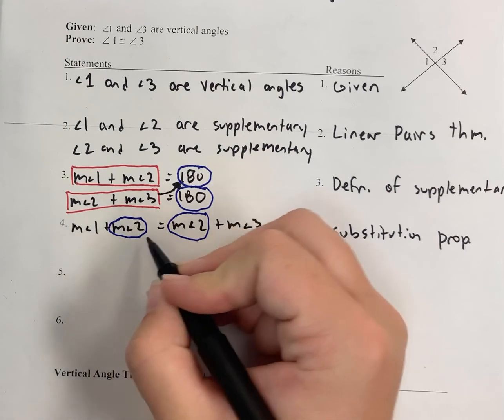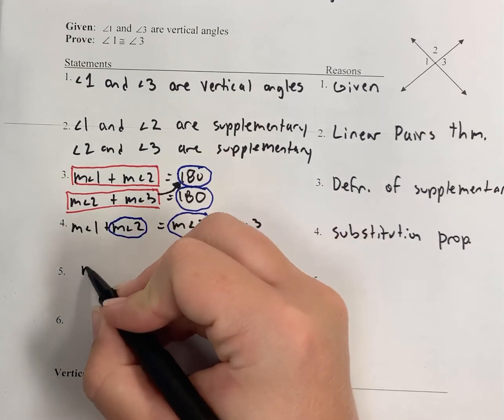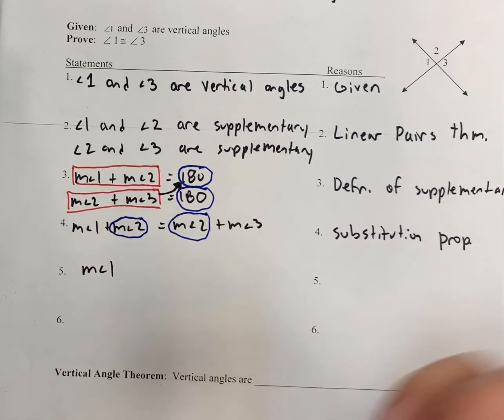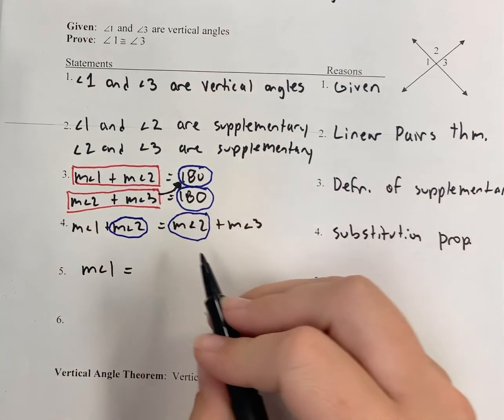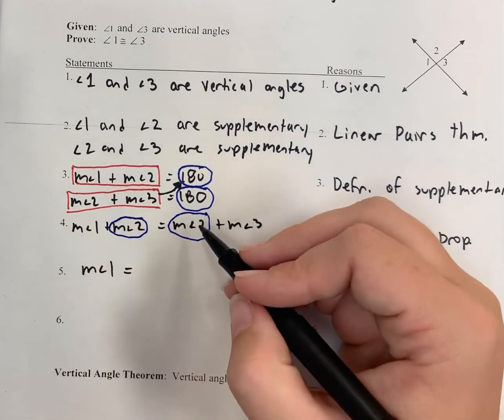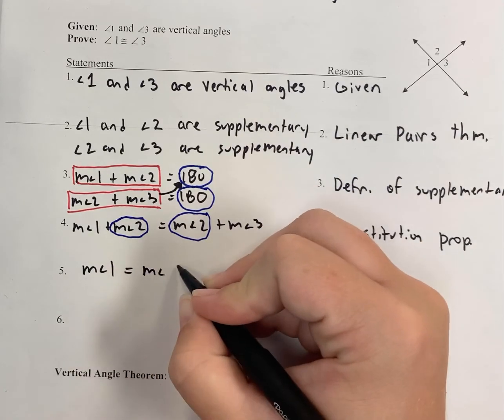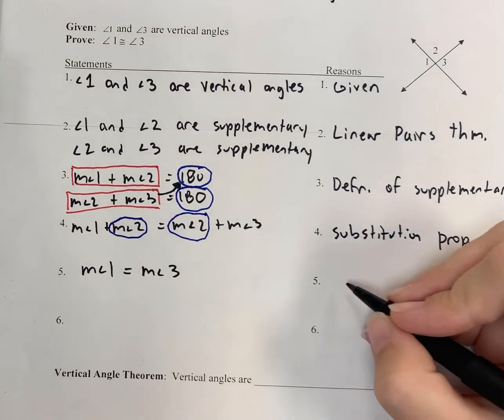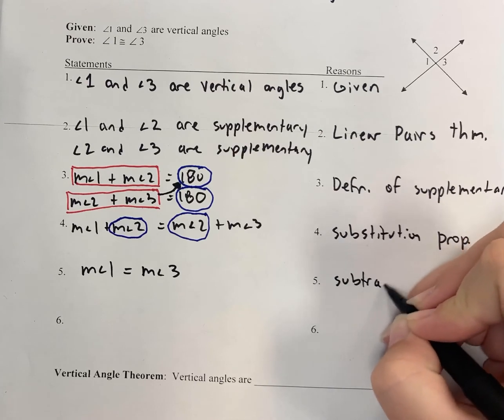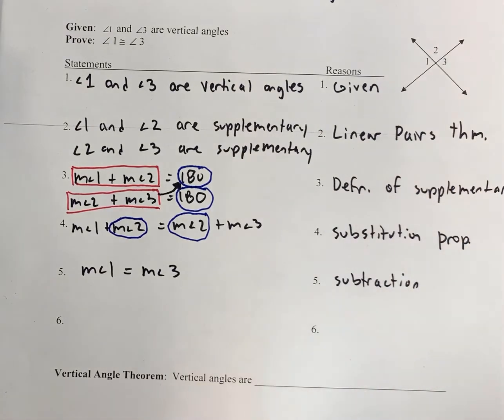If we subtract the measure of angle 2 from this side, you just have the measure of angle 1, because it would be 0. Then if you subtract it from this side as well, once again it becomes 0. They cancel, so you just have the measure of angle 3. That's from the subtraction property, because we subtracted the measure of angle 2 from both sides.